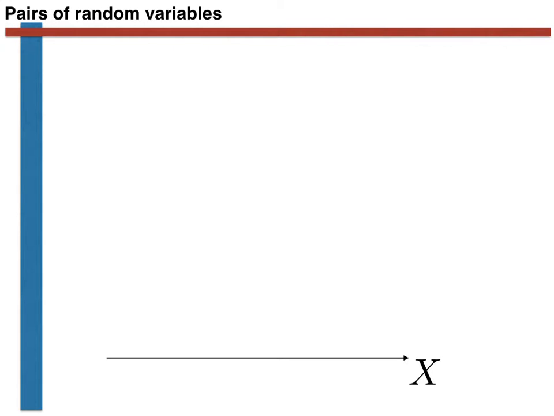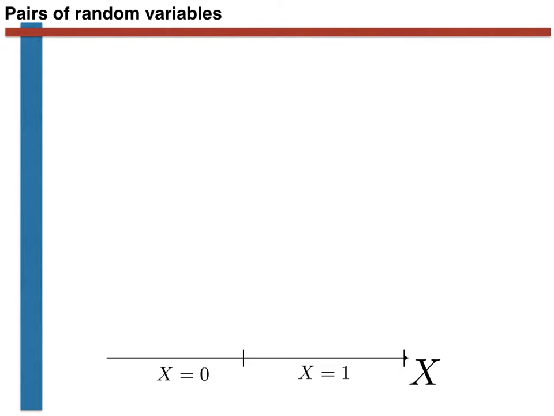In this case, we have decided that capital X can equal either 0 or 1, and as such we divided this line into two segments. The length of this first segment was then made proportional to the probability that x equals 0, while the length of the second segment was made proportional to the probability that x equals 1.